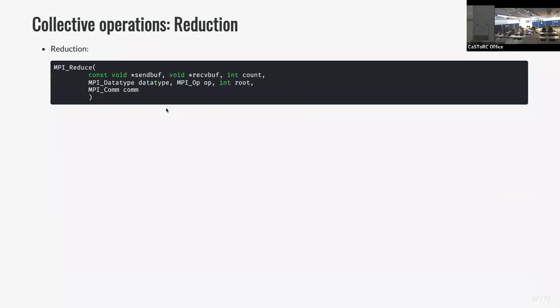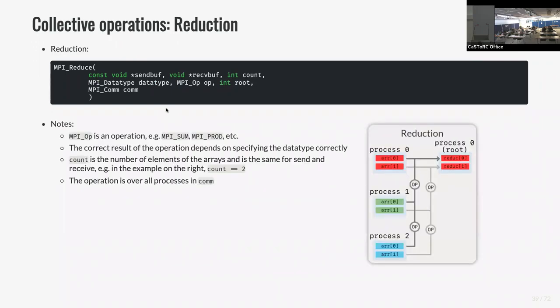Okay, and probably the last thing we will see is this reduction operation. So a reduction is defined like this, and as I said before, maybe it's easy to see this picture here.